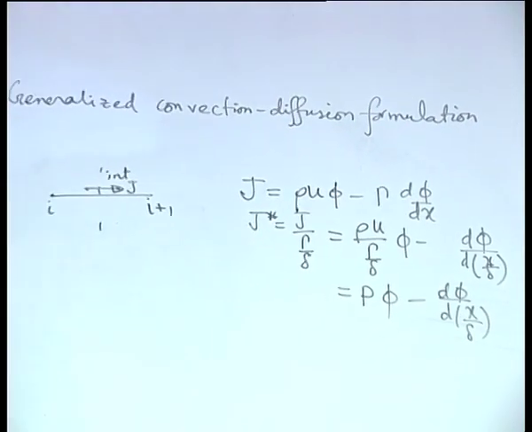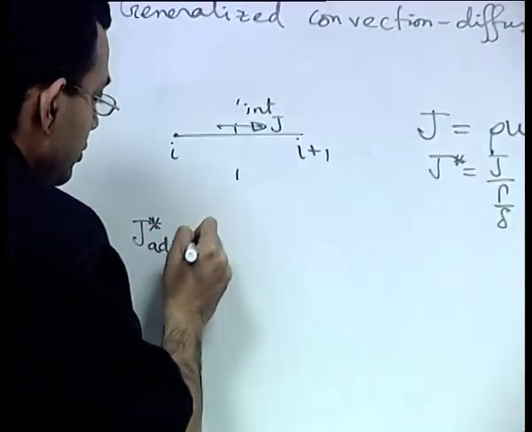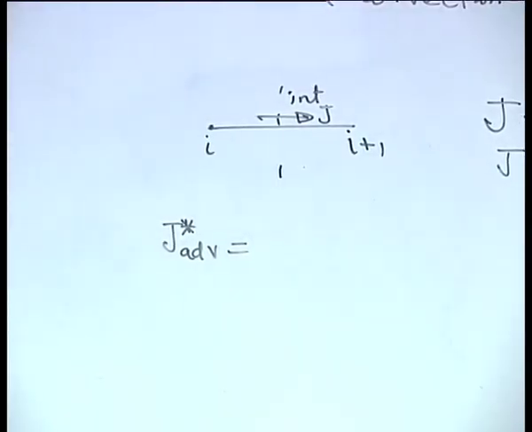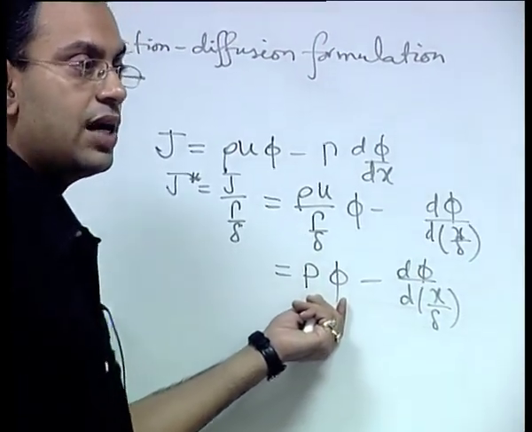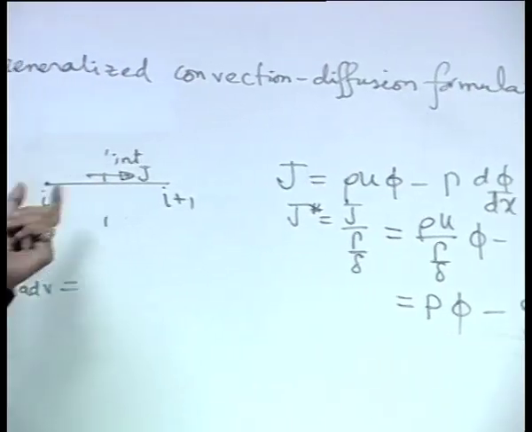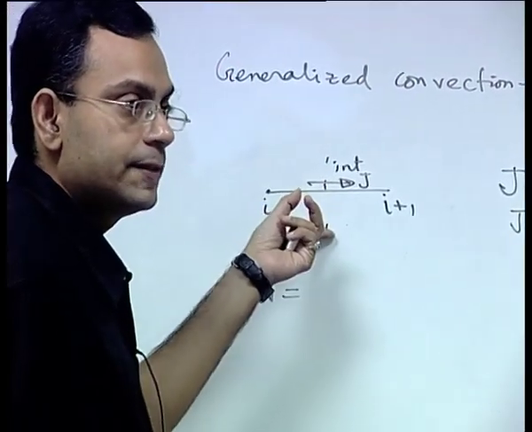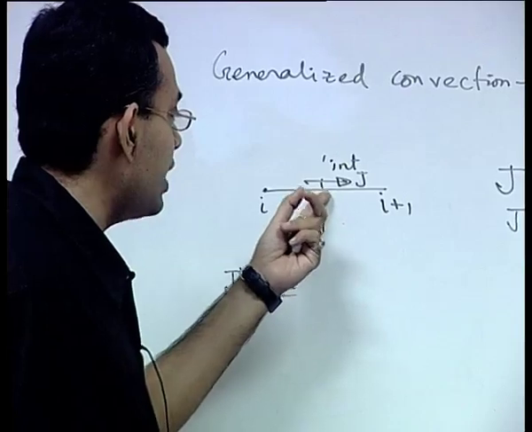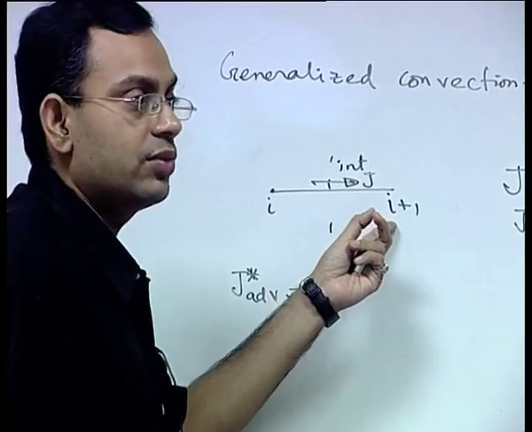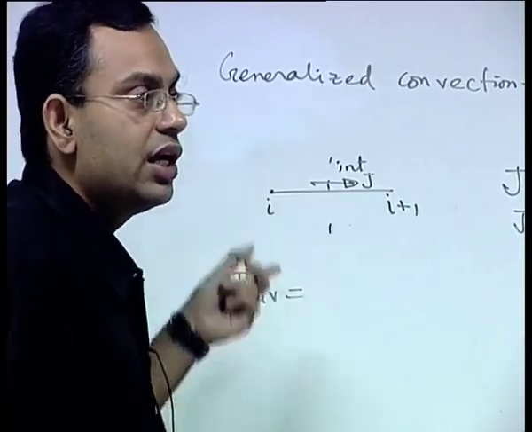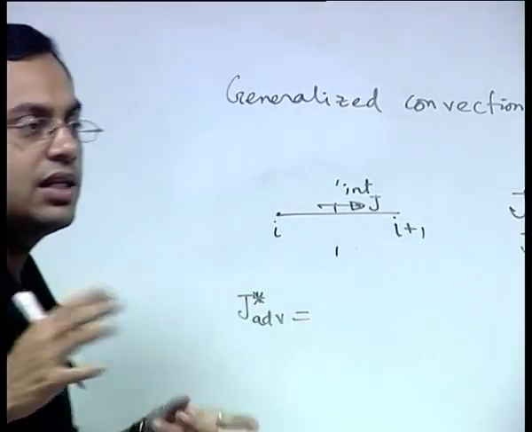Now, if you consider j star advection, the advection flux is proportional to phi. That means we can say that the advection flux is proportional to the value of phi at the interface, to be more specific. Now, phi at an interface may be expressed in terms of phi at I and phi at I plus 1, depending on the scheme that you are using. It will be some weighted average of phi I and phi I plus 1, no matter whatever scheme you use.